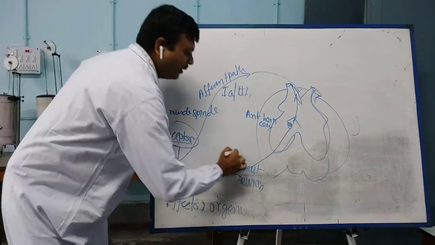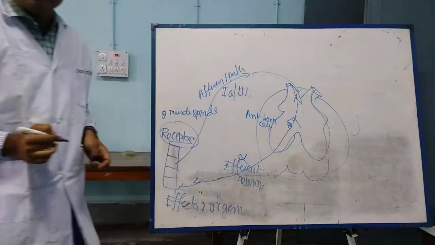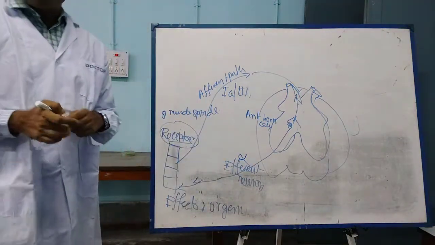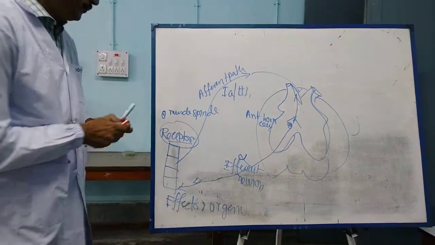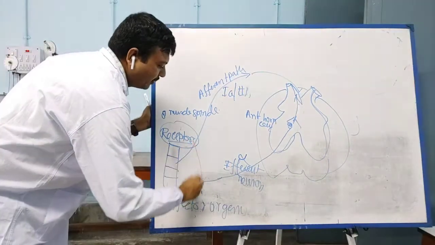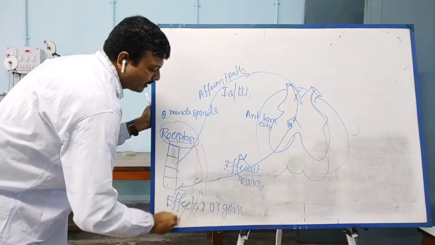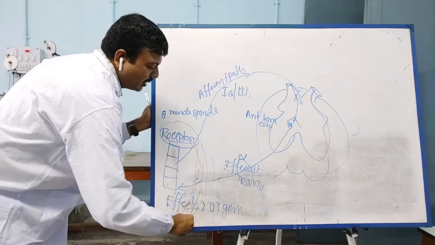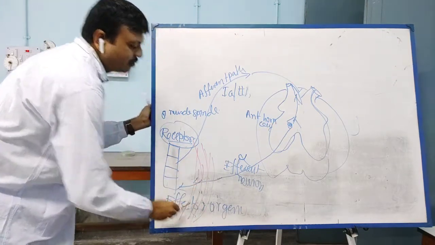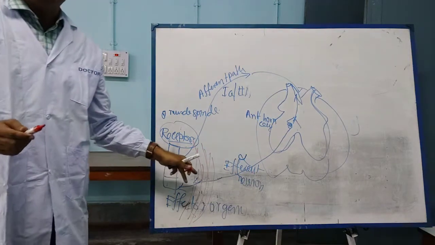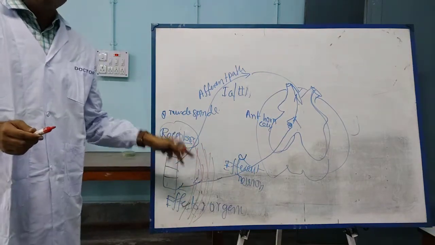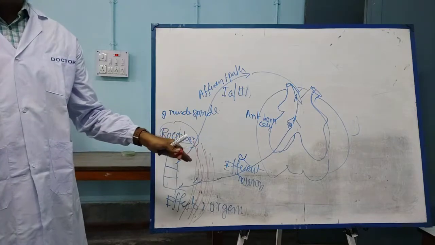From the spinal cord, efferent pathway, that is the alpha motor neuron. This alpha motor neuron supplies the agonist muscle, that is the extrafusal fiber of the agonist muscle, and the agonist muscle will contract briefly, then relax.